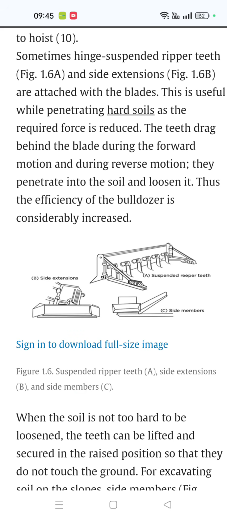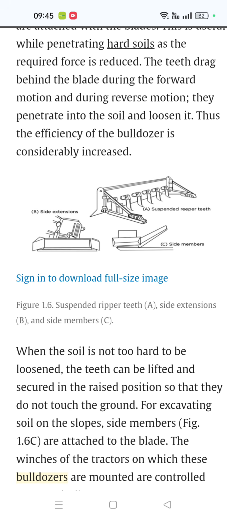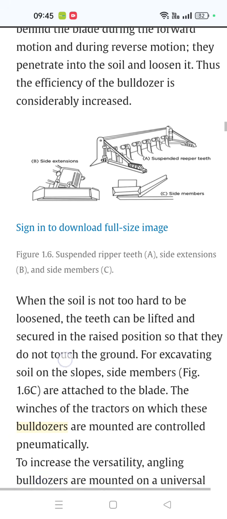They penetrate into the soil and loosen it. Thus, the efficiency of the bulldozer is considerably increased.